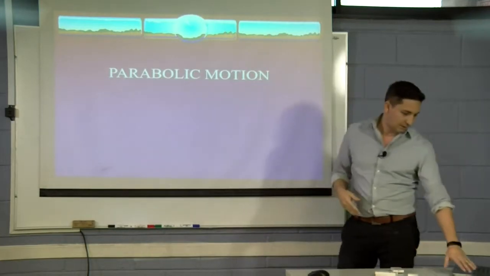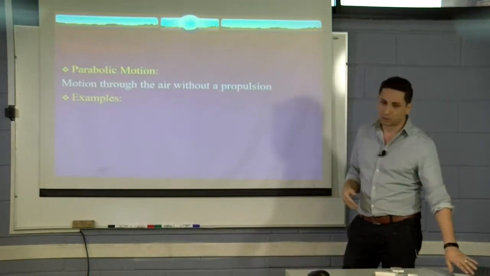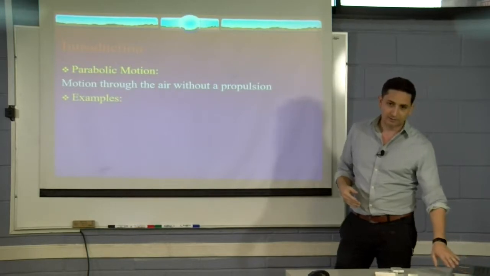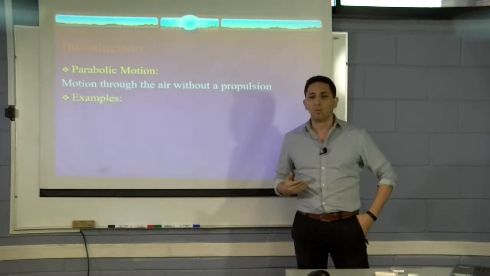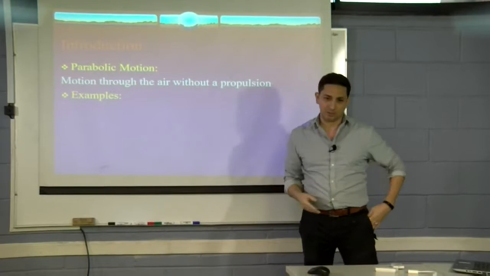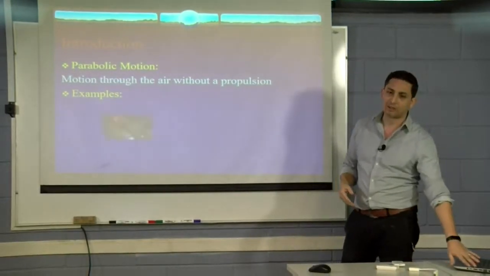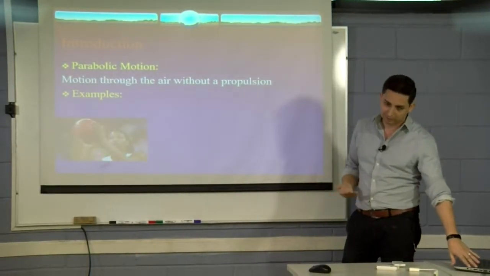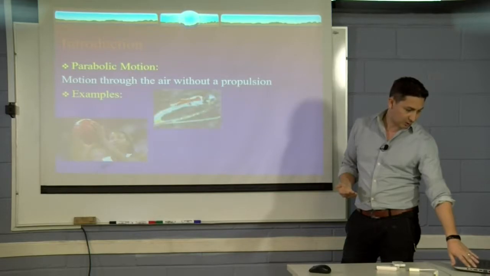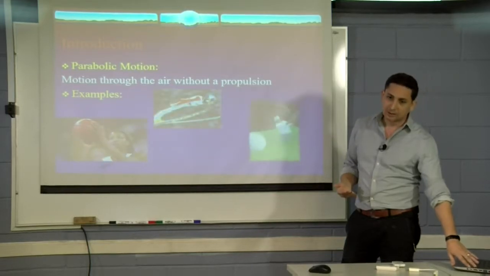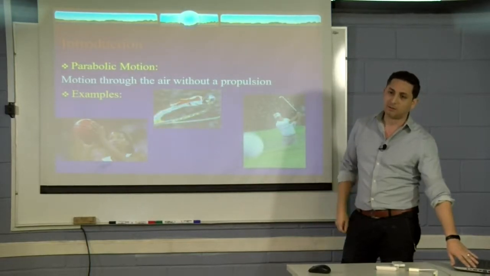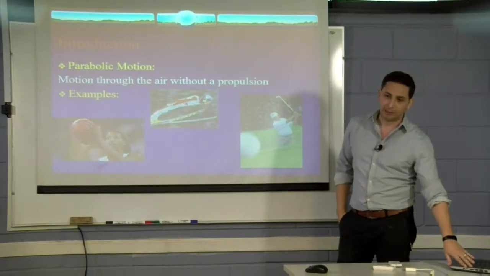So, parabolic motion, as I told you before, is the motion through the air without propulsion. Some of the examples that we can see are in sports, okay, also in technology, and some engineering applications that we can use.